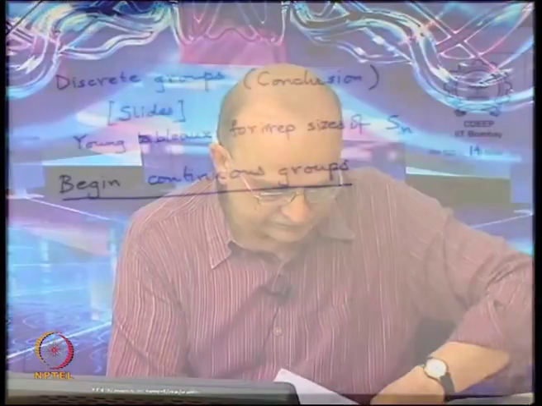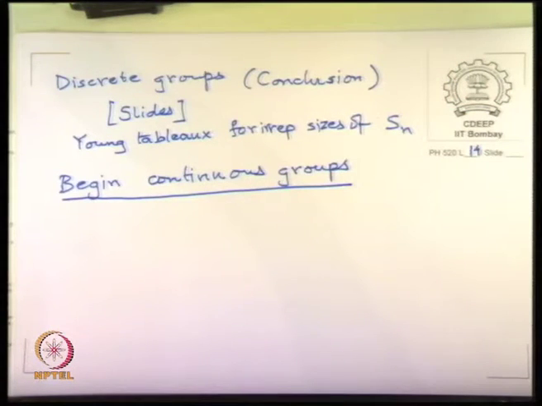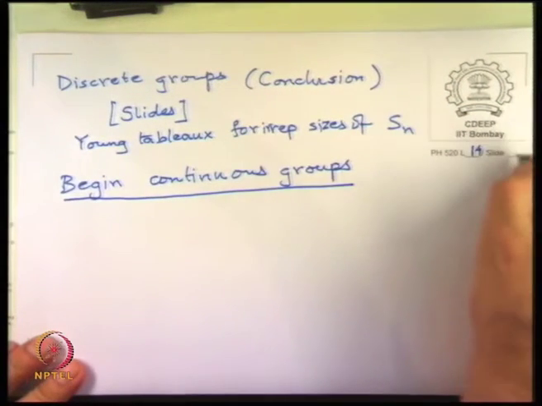Okay, we go to the second half of the course, which has to do with continuous groups. The simplest example of a continuous group is the rotation group.